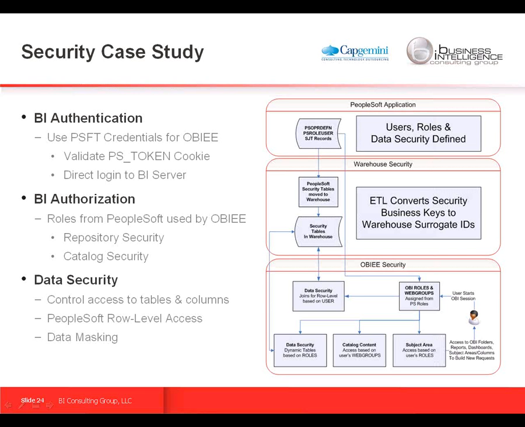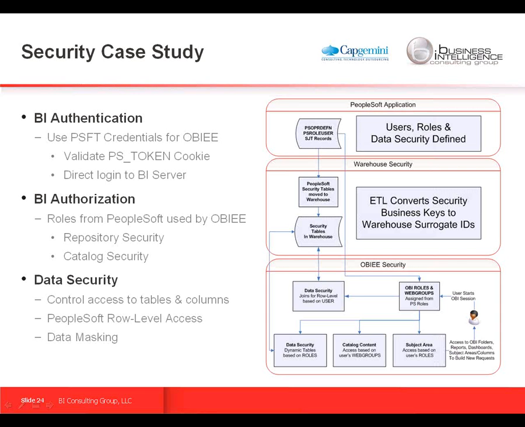And finally, we used a variety of data security measures: which columns and tables a user could access, what rows of data users could get based on PeopleSoft security, and finally some data masking to hide sensitive data. So we'll take a closer look at all of these.